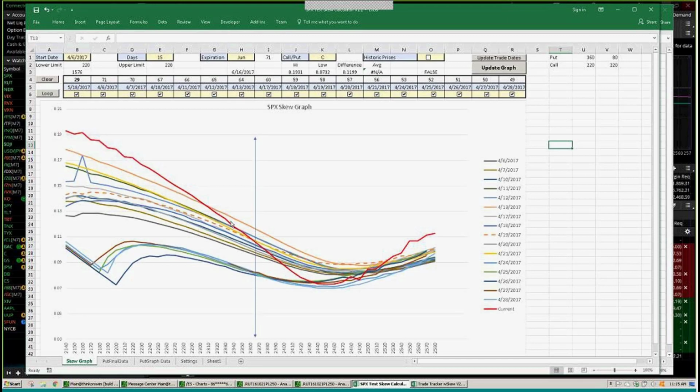And I looked at this, and then I went in the database and pulled up historic pricing of that particular call, I think 20 points in the money. And I found out that on the day that I would have put my M3 type trade on, while the put fly was priced correct, I was paying $5 more than the average for the call. So I didn't put the trade on.